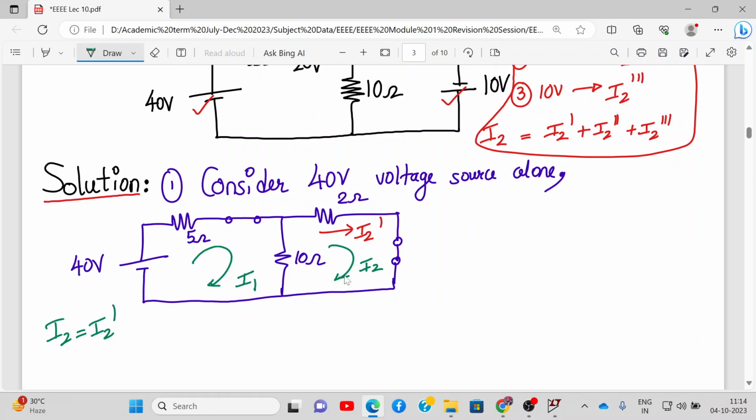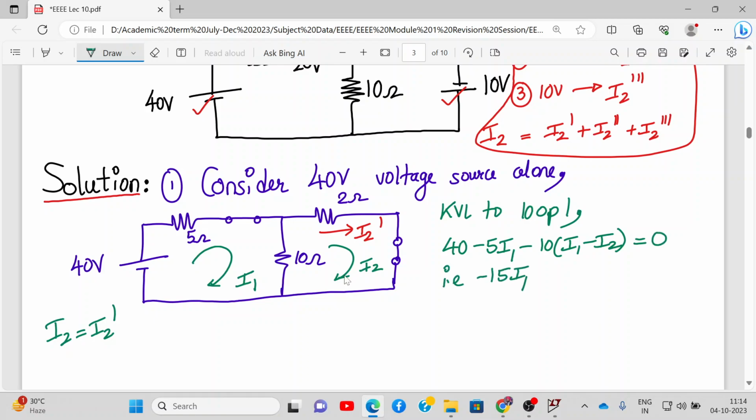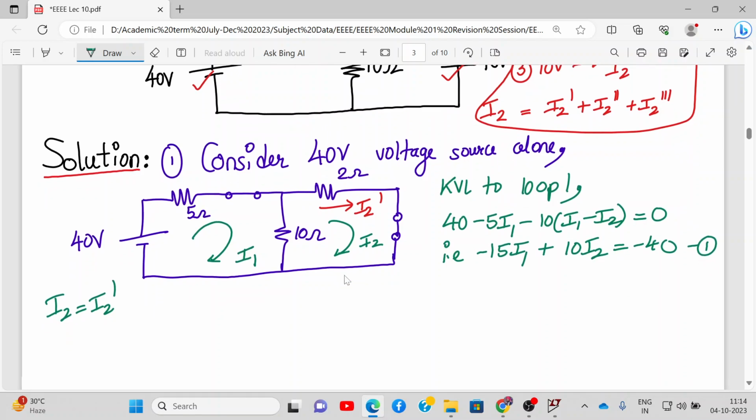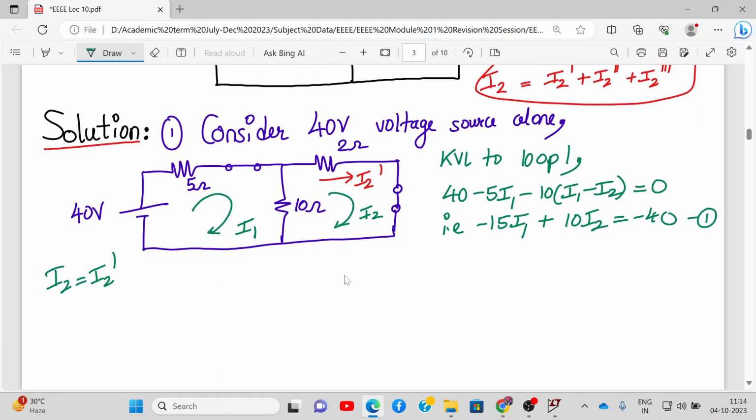We'll apply KVL to loop number 1. What do we get? Plus 40 minus 5 I1 minus 10 times (I1 minus I2). We'll quickly write the equations. Here you will get minus 15 I1 plus 10 I2 is equal to minus 40. Let's call this equation number 1. Simple mesh analysis we can apply.